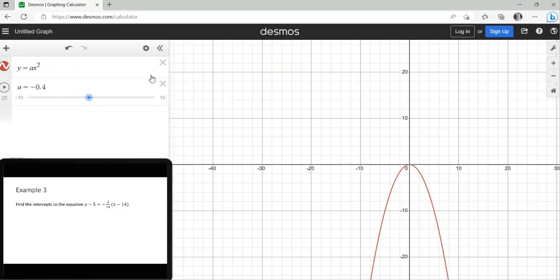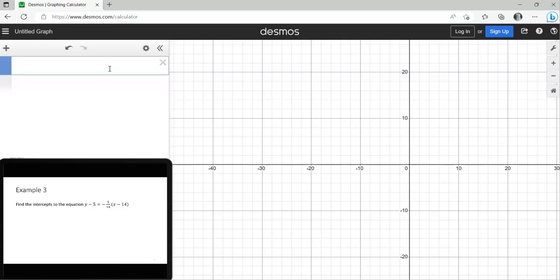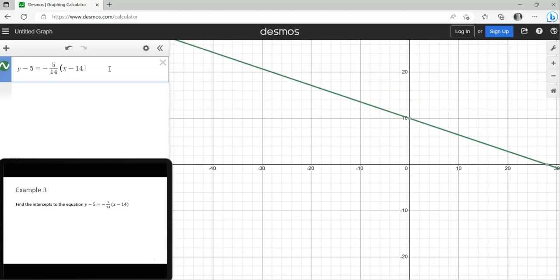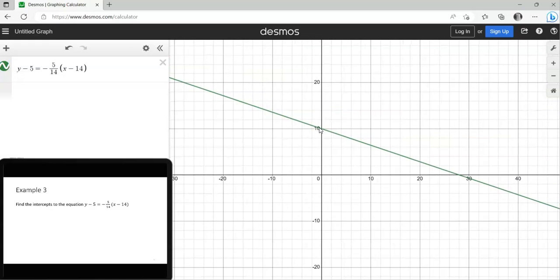Okay. Well, let's go back to lines, and let's say I want to find the intercepts to the equation y minus 5 equals negative 5/14 times x minus 14. So I go y minus 5 equals negative 5 over 14, x minus 14. I have the line, and I may need to shift this over a little bit, but what happens is the y-intercept and the x-intercept are always highlighted.